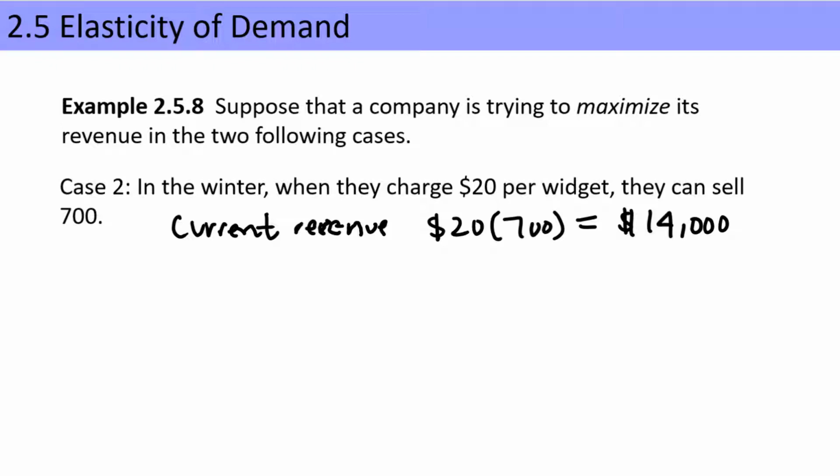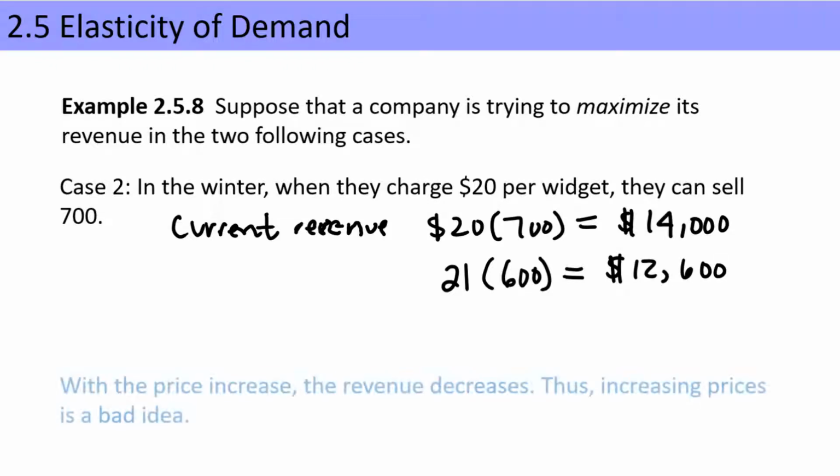Now, with the price increase, you're charging $21 per widget, but then you lose a sale of 100 of them, so only 600 sales. 21 times 600 is $12,600. With the price increase, the revenue decreases. Thus, increasing prices is a bad idea here.